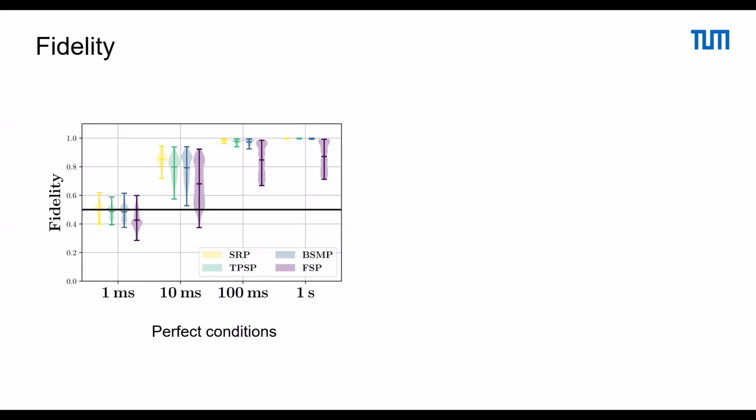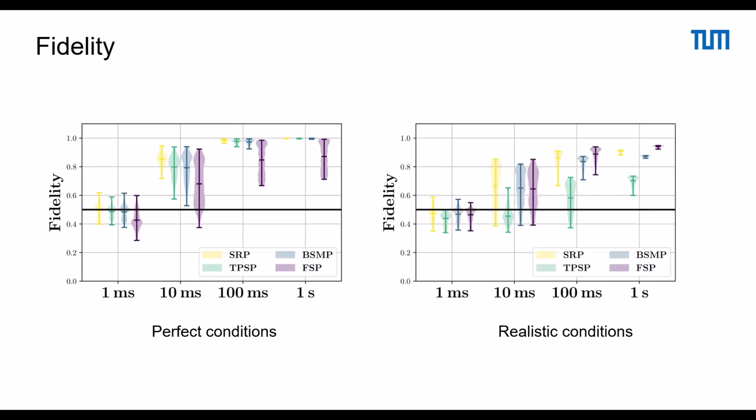But important is, again, increasing from 100 milliseconds to 1 second doesn't really do that much in terms of fidelity increase. And this is also what we see in the realistic conditions. So there is a trade-off, where we have to set our memory coherence times, just purely talking about entanglement generation, to a value that depends on the length that we have.